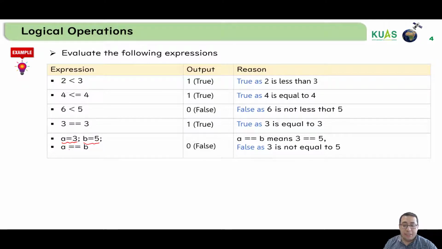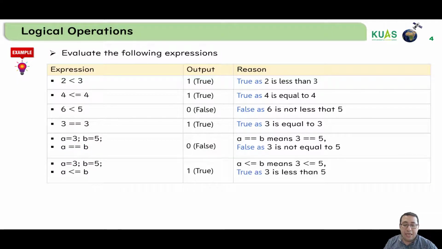So the question is, A equal B? We use two equal signs, which means a question: is A equal B? Because we know A equals 3 and B equals 5, the question is, is 3 equal to 5? The answer is no, this is false because 3 is not equal to 5.